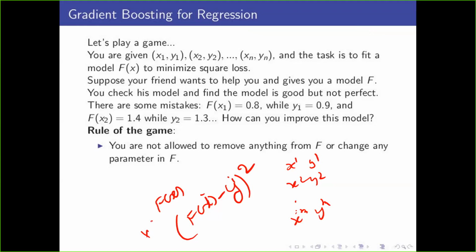It means the sum over i equal to 1 to m of f of xi minus yi, whole square. You want to minimize this. So you want to learn some function f of x so that the square difference between actual and predicted values is minimized. Is it clear so far?